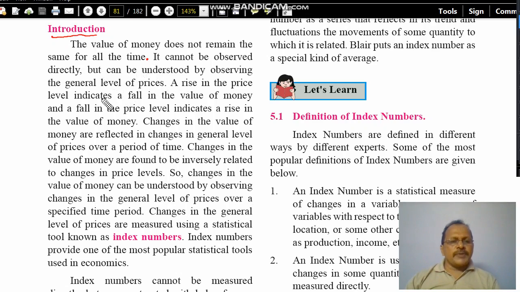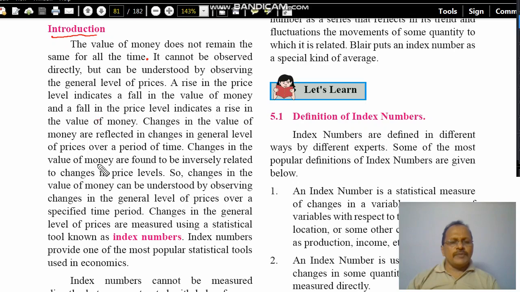A rise in the price level indicates a fall in the value of money. You have studied this in your commerce part somewhere. When price level rises, there is a fall in the value of money. And the other way, when there is a fall in the price level, that indicates a rise in the value of money. Changes in value of money are reflected in changes in the general level of prices over a period of time.